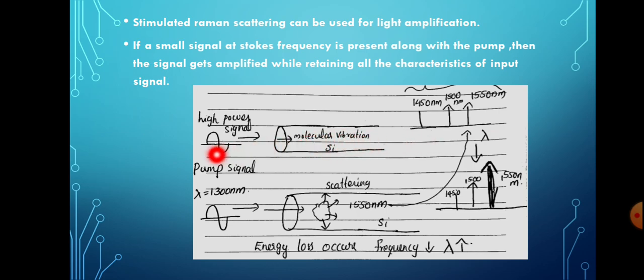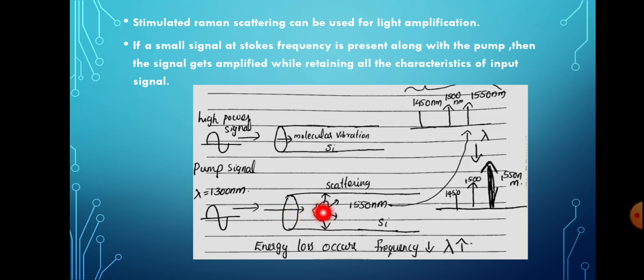If we give a high power signal to this fiber, let us call it the pump signal, and suppose its wavelength is 1300 nanometer. You know there are some molecular vibrations in this fiber, and once this signal passes through the fiber, it interacts with these molecular vibrations.